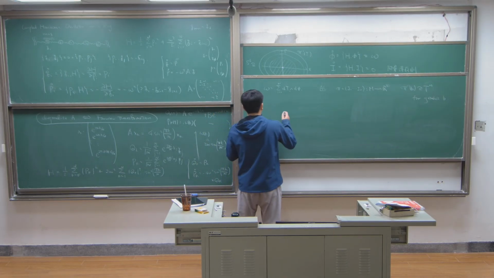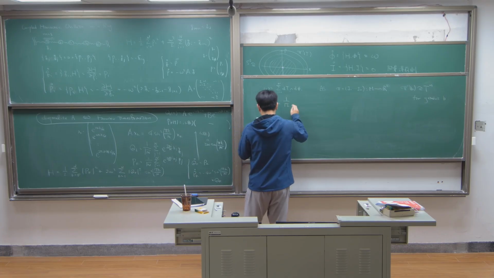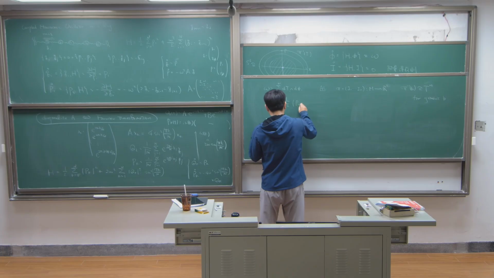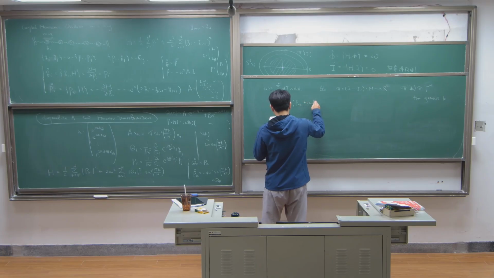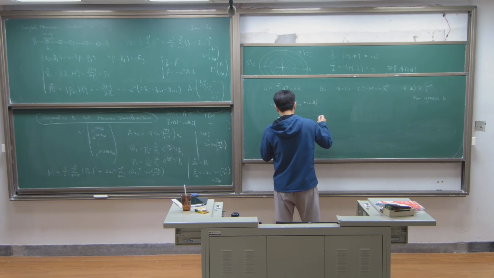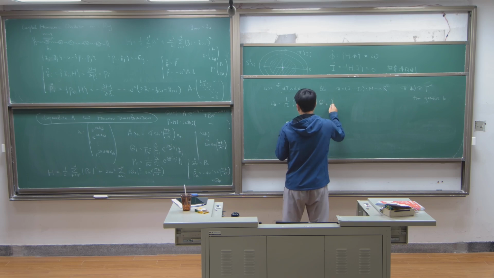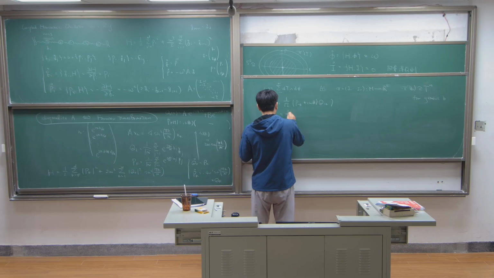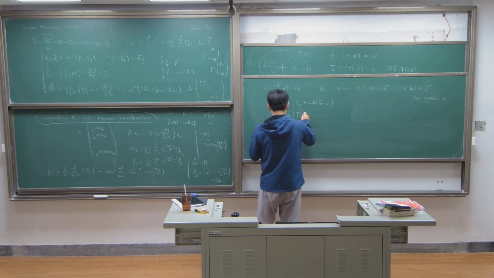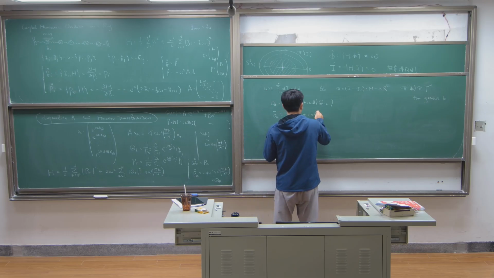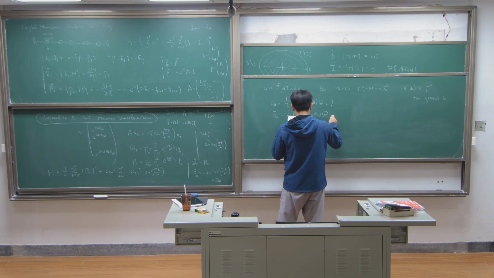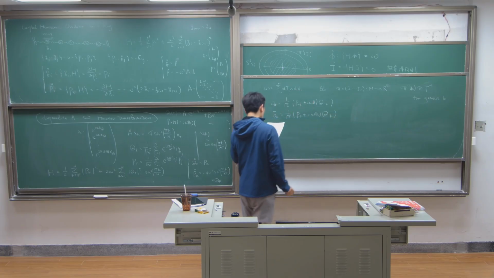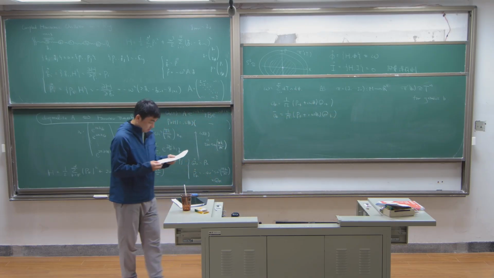To see that, we define a_k equal to square root of 2 times p_minus_k plus i omega_k q_k, like this way.